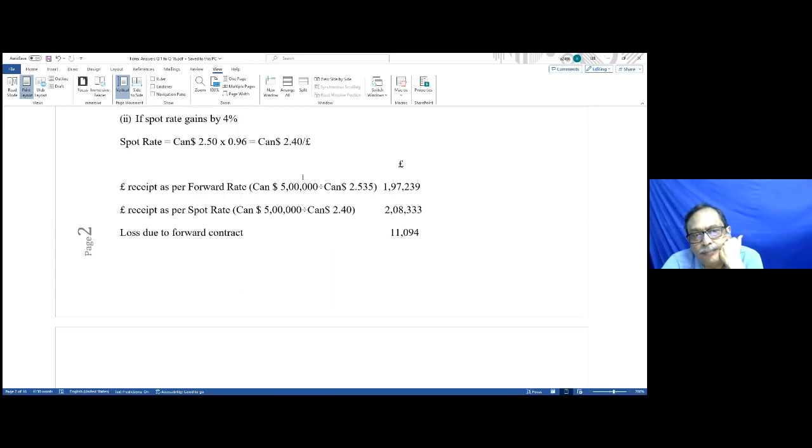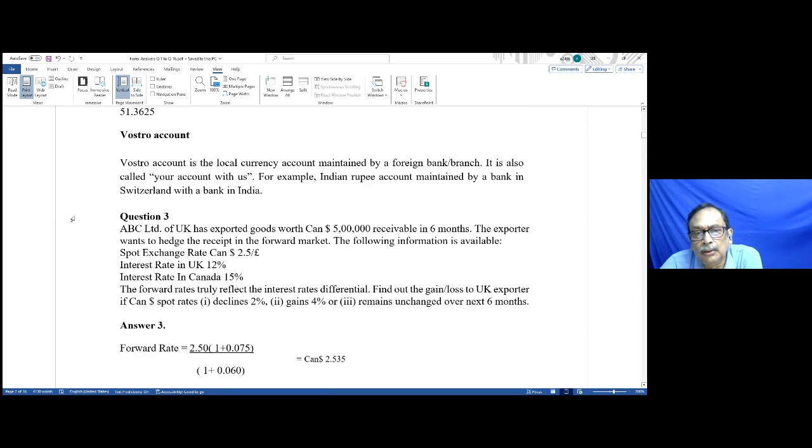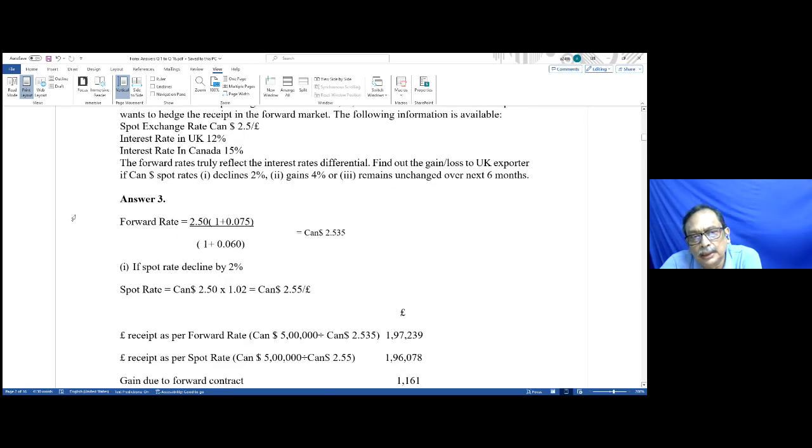Now, if forward contract is actually being considered, then there will be a loss that is 208,333 minus 1,97,239. So loss due to forward contract will be 11,094.